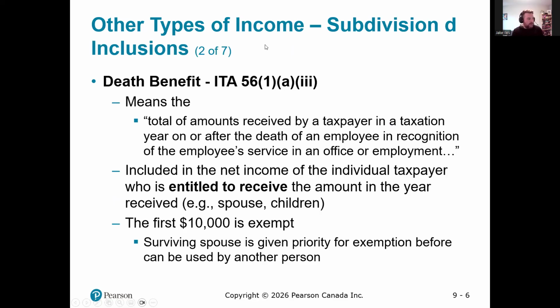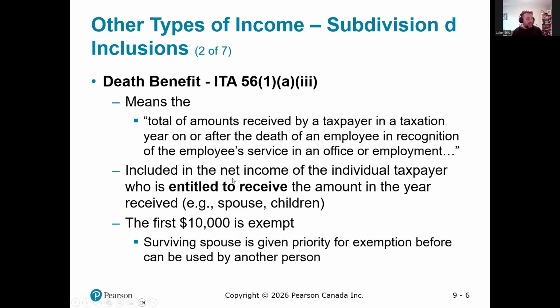Now, when you pass away, you might have paid out for you a death benefit, meaning the total amounts received by a taxpayer in a taxation year on or after the death of an employee in recognition of the employee's service. So I've been with a company for a long time. I've passed away, and as a thank you, or perhaps as a way of helping out my spouse for being a long time employee, they might take what was going to be my retirement allowance, and perhaps they'll pay it out to the spouse as a death benefit.